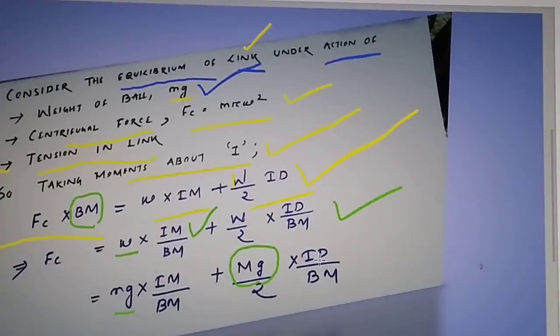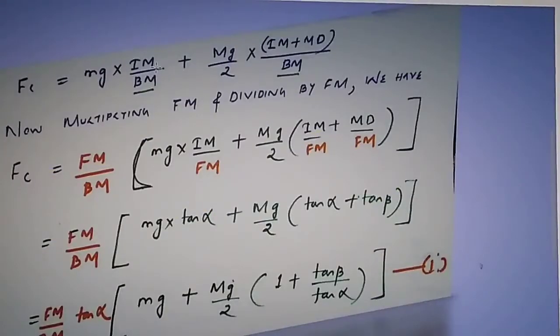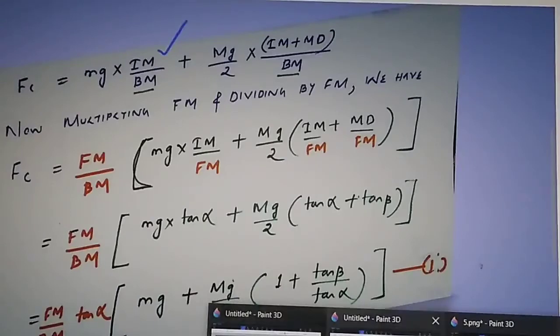Just put this down. So for that equation, write by replacing the terms: capital W is equal to capital Mg, small w is equal to small mg. Now you can see the next part. As it is, you keep it, and here in the ID, what you have written, this one is ID.